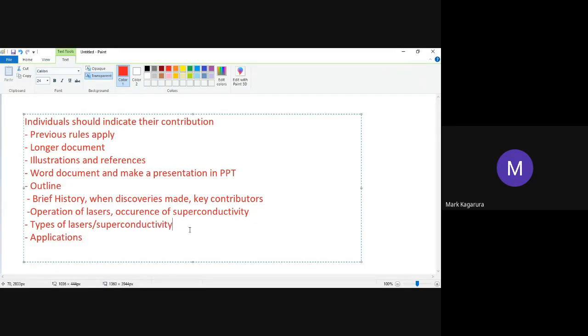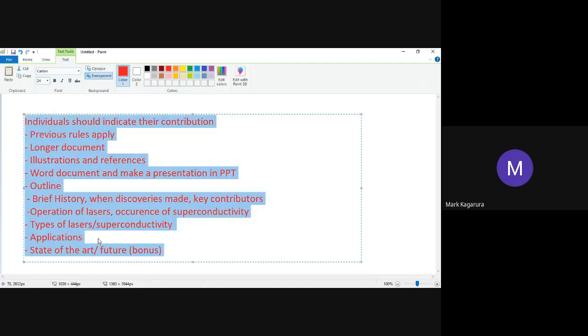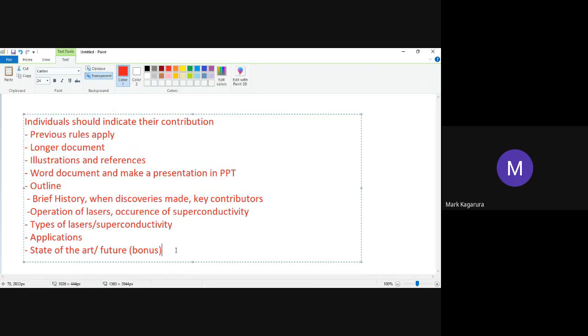So applications. Then what is called state of the art or future. This is like a bonus bit. So future applications or state of the art become important. Let me just copy that into my text file.